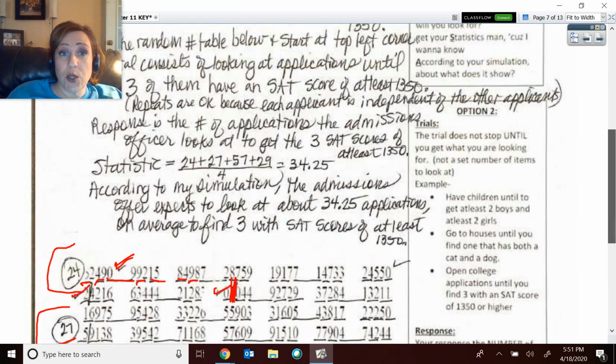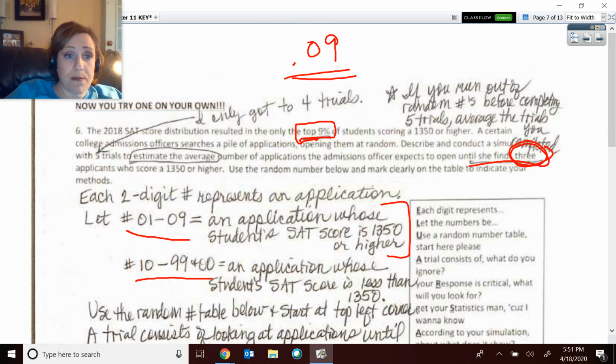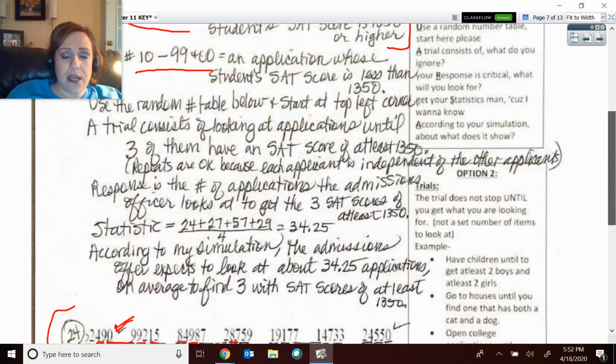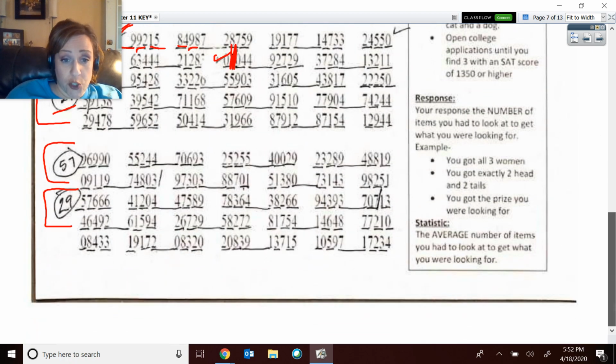That's why on your page I had written something extra here. I had gone back and written something extra on your page that said if your number system does not allow you to complete 5 trials, then just go until you can't go, and compute your statistic on as many trials as you were able to complete. And so in this case, I was able to just complete 4 trials.